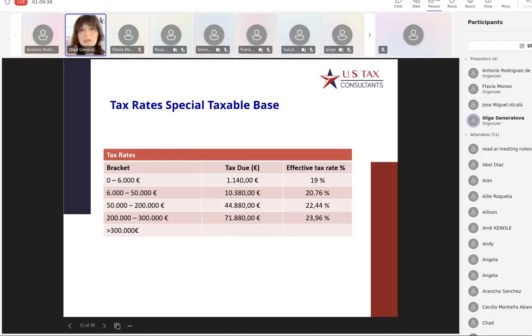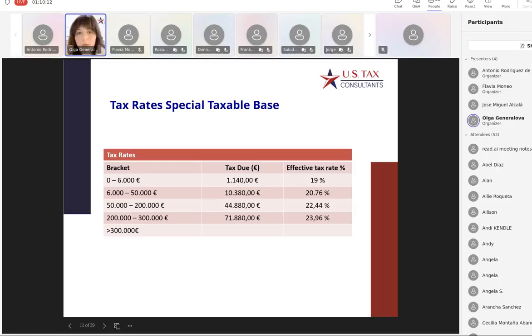Since many of you are from different parts of Spain, we have prepared an average so you can get an estimation of how much tax you might pay without the complication of regional differences. Here you can see each bracket, the amount of tax that corresponds to the top of each bracket, and the average effective rate once the full bracket is applied.